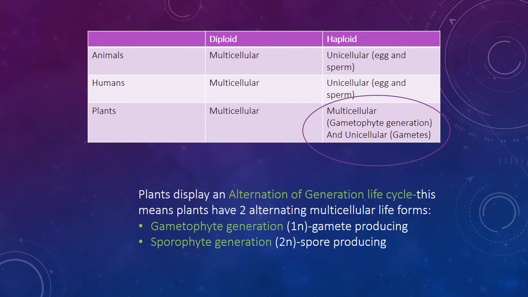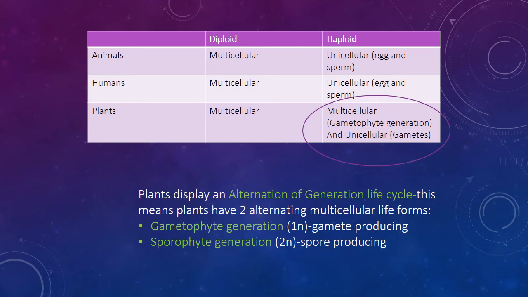And the first is what we call the gametophyte generation. That is the haploid stage of the life cycle. And that is where gametes are produced, so egg and sperm. The sporophyte generation is the diploid phase, and that's where spores are produced.